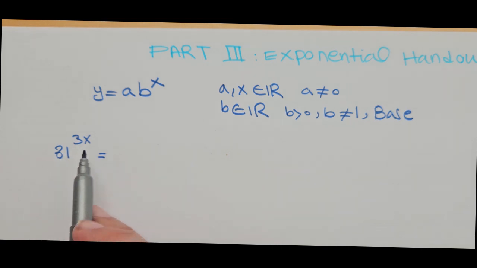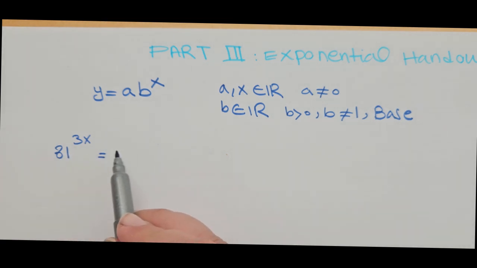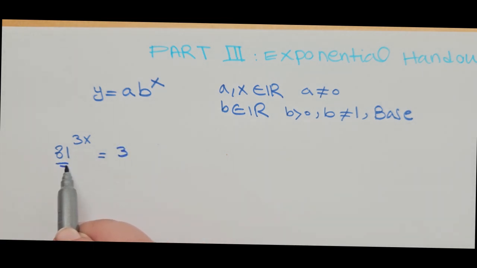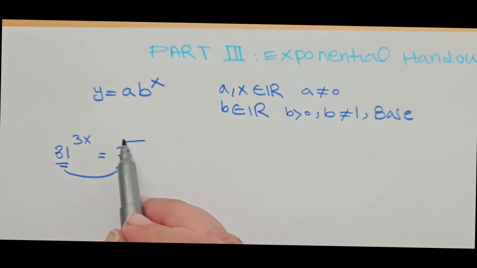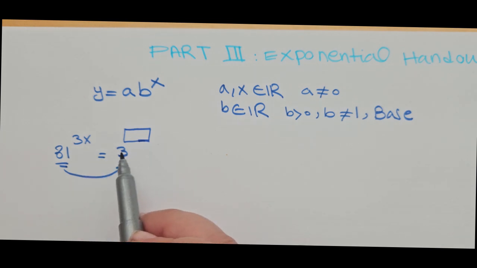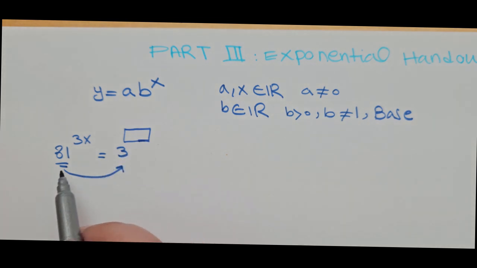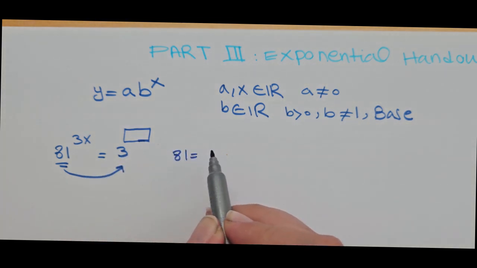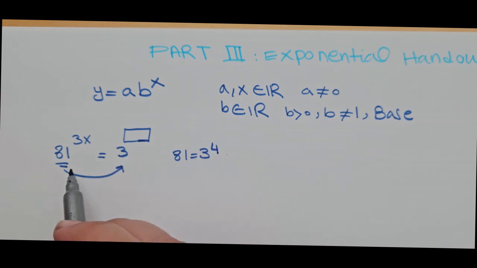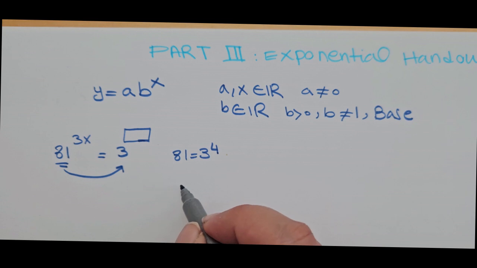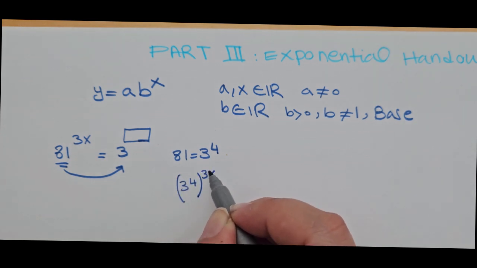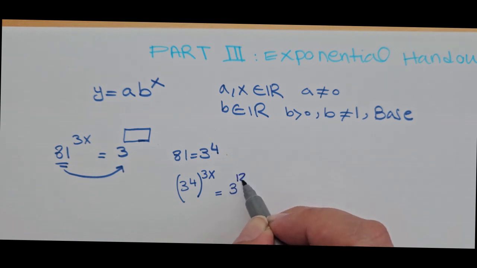Now I want to convert it to the base 3. Here the base is 81, but I want to change it to 3, and calculate the new power. So 81 is actually 3 to the power 4. If I substitute 81 with 3 to the power 4, it will come up to 3 to the power 12x.